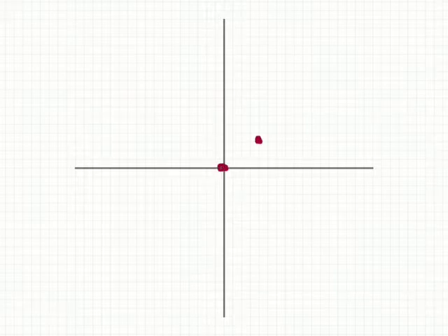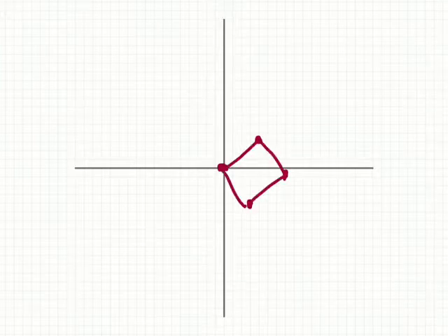Okay, so I'm plotting my points. 7, -1, 3, -4. Hopefully I got those all right. Show that it is a square. So first I'm going to do a rhombus, same as the last one.